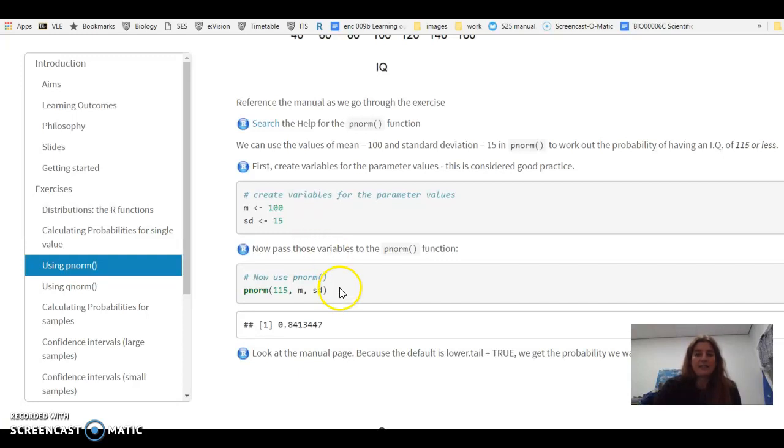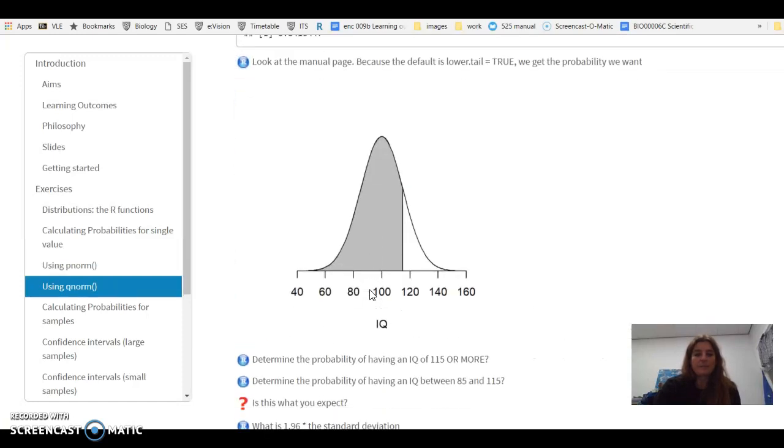The other reason is that it often makes the code much easier to follow. Most people might be able to guess that these are the mean and the standard deviation, just because of their names. Whereas if it's numbers, it's harder to tell, because it's not described in terms of the problem what the values might be.